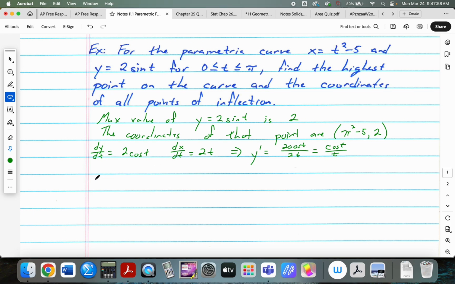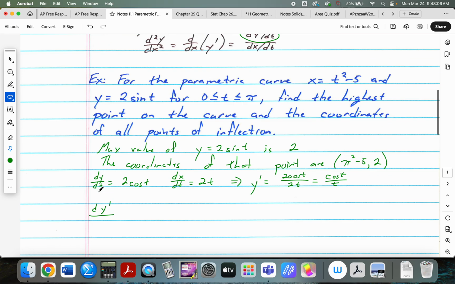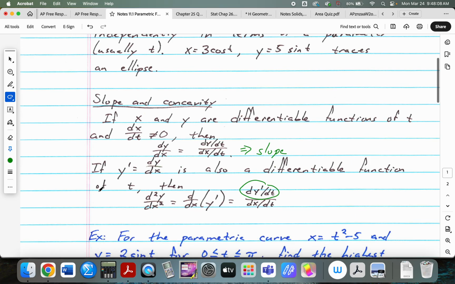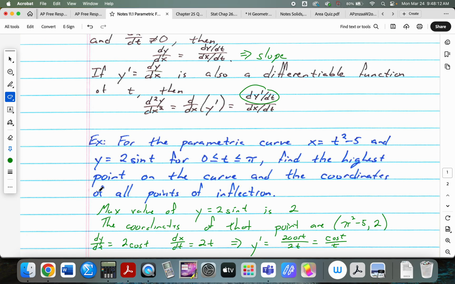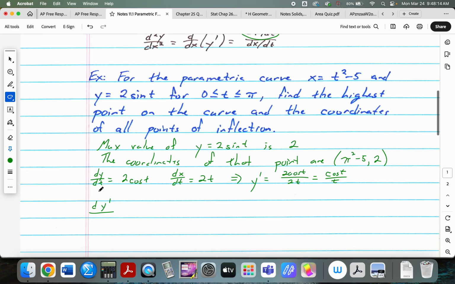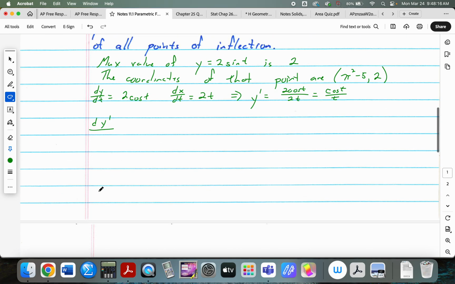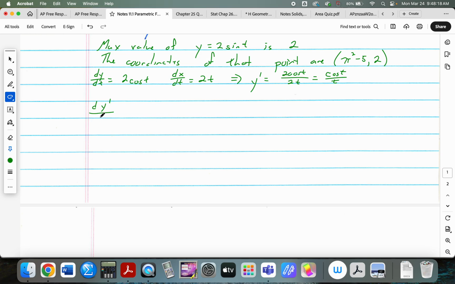So then dy prime with respect to t. We're going to have to use the quotient rule, which we haven't used in quite a long time, at least it feels like.